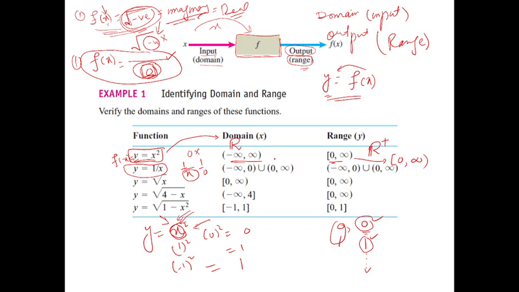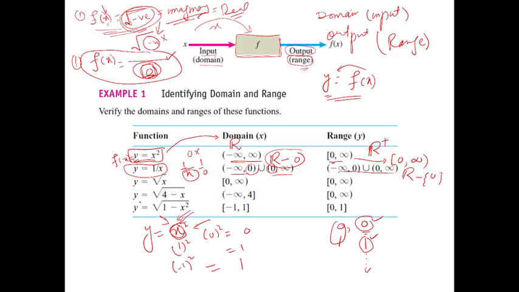So your domain is all real numbers except 0. We can write this as from minus infinity to 0, and from 0 to infinity. These two will not be included, but the simplest way is this one. This is the domain. Range: 1 over x, your answer may be positive or negative, and there will be no 0. The range is also all real numbers except 0.